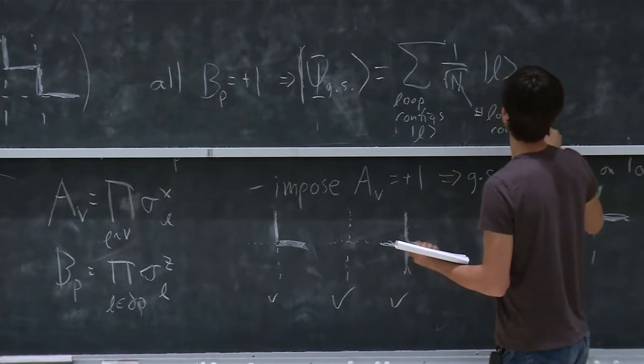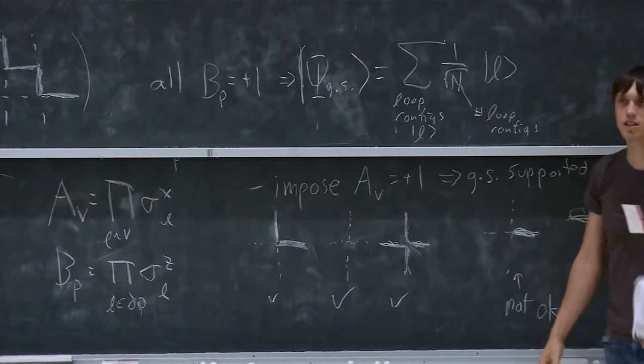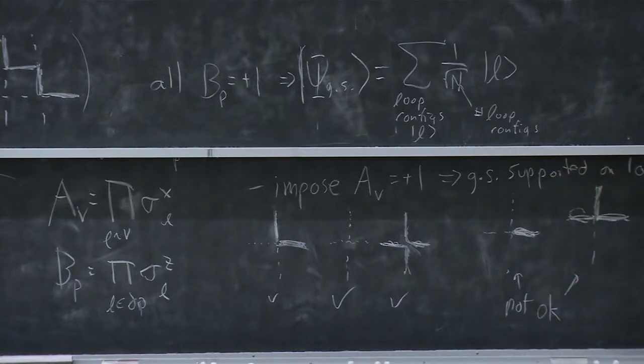But really the ground state is an equal amplitude superposition over all loops. That's what the ground state looks like. It's a loop gas. Good.